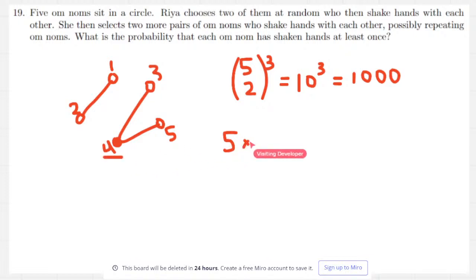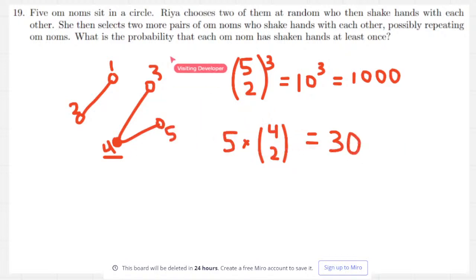So there are 4 choose 2 ways to do this, and then that just leaves the other 2 omnums connected. So in total, we have 30 ways for this to happen.